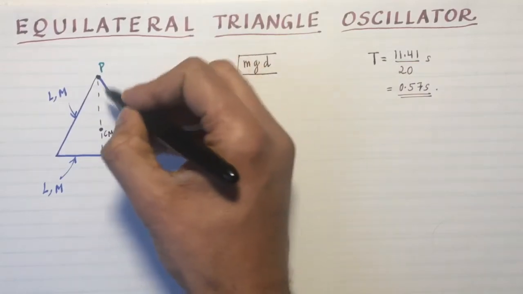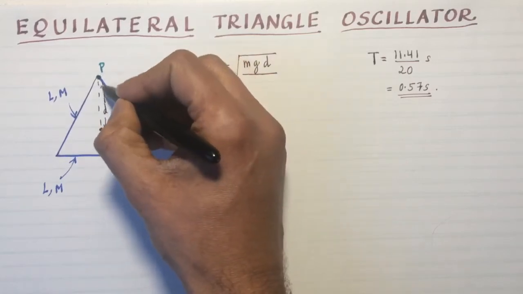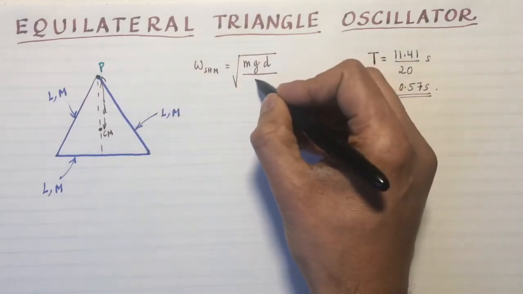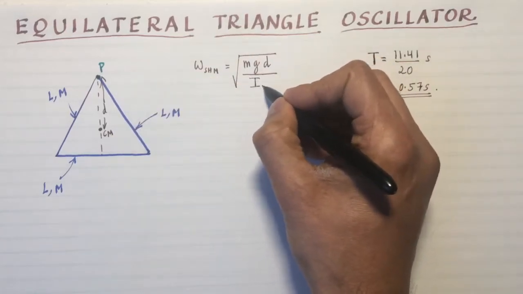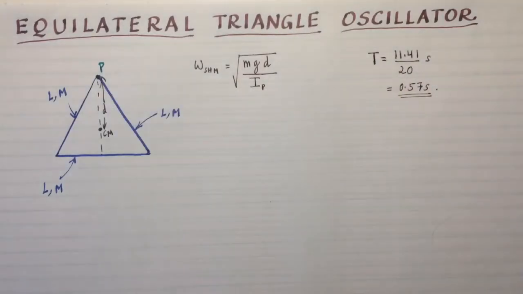Then the distance d is that. So finding the distance d will be a problem that we have to engage in. And then there's a moment of inertia about the pivot point, which is another problem that we have to solve. So these are the next things that we will do.